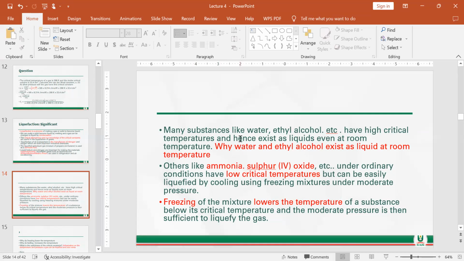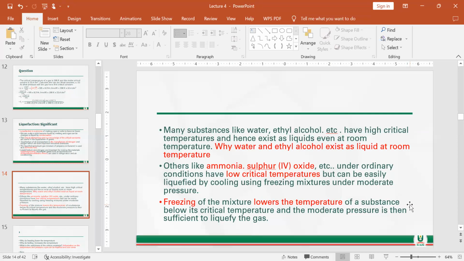Take note that many substances like water, ethyl alcohol, etc., have high critical temperature. That means it will take a very high temperature for them to be changed to gas. Freezing mixture lowers the temperature of a substance.